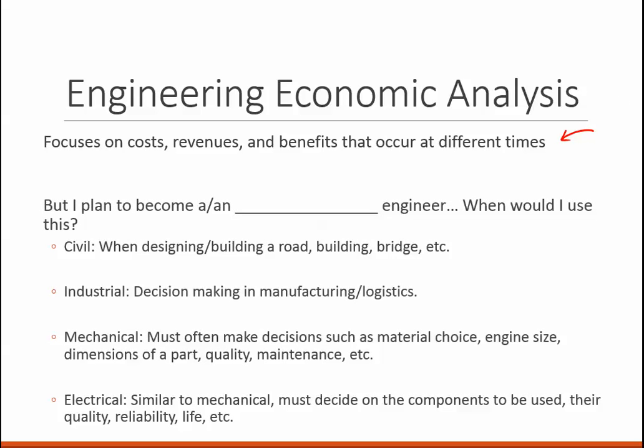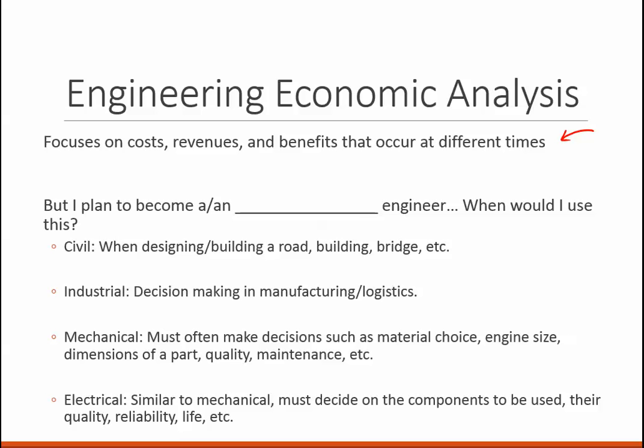So you might be thinking, well, I'm going to become an electrical engineer or a civil engineer. How is this relevant? It's relevant to all different engineering majors because as you progress in your studies and as you start designing things, you have to consider the economic impact of the decisions you're making. So if you're a civil engineer, you're going to be designing, say, a bridge, but you need to also make decisions about materials, about timing, about how this is going to be financed.